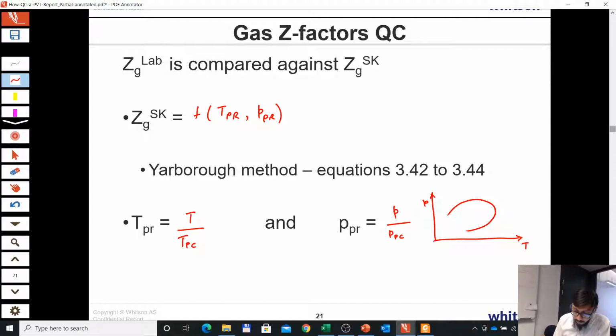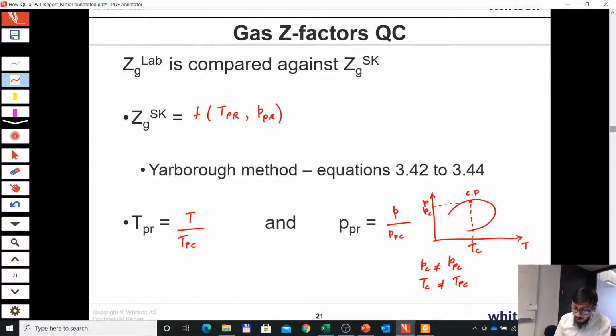you will have a critical point here somewhere, and this will have a critical temperature, and this will have a critical pressure. What I was trying to say is that this critical pressure here is not the same as the pseudo-critical pressure, and the same goes for temperature: Tc is not equal to Tpc.